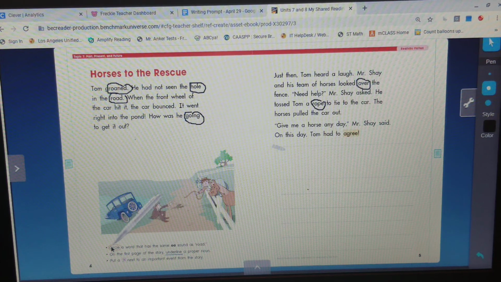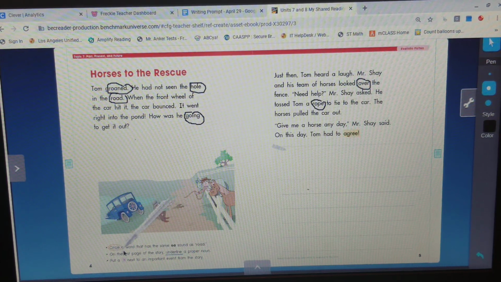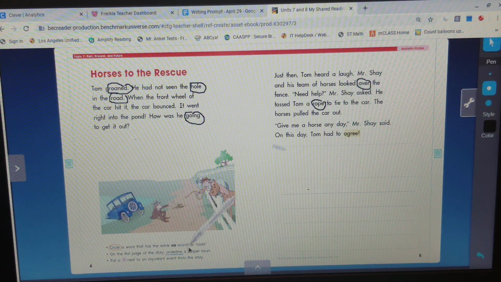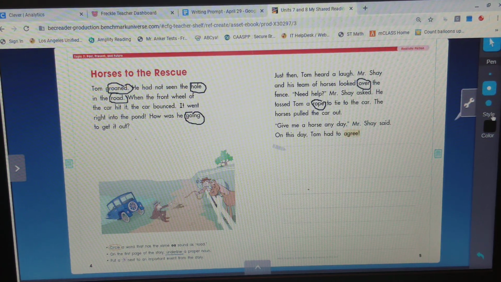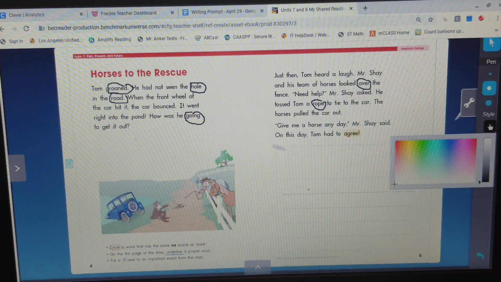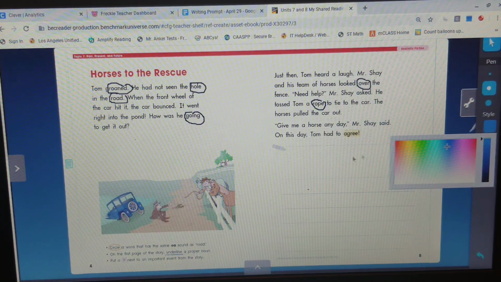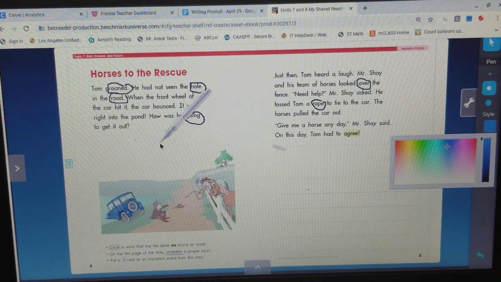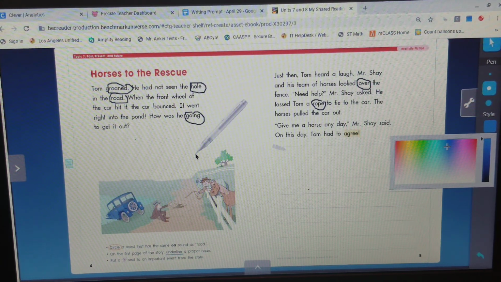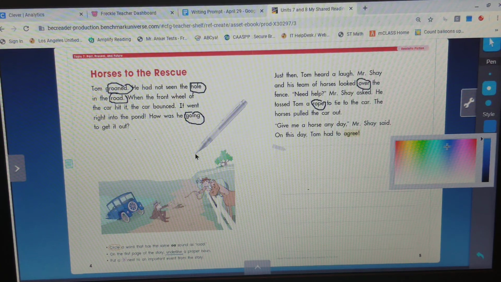Let's see. The next part is asking us to look at the first page. It says on the first page of the story, underline a proper noun. Now we talked about how proper nouns are capitalized. They're actually names.